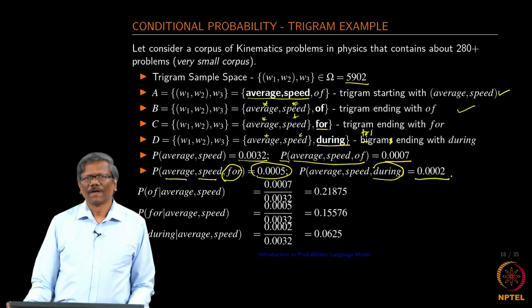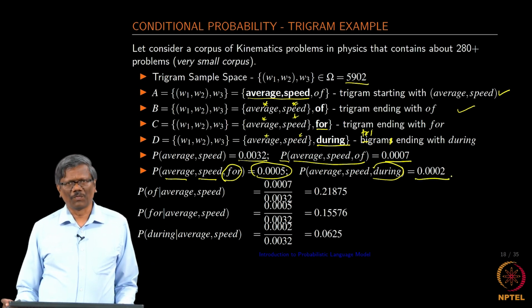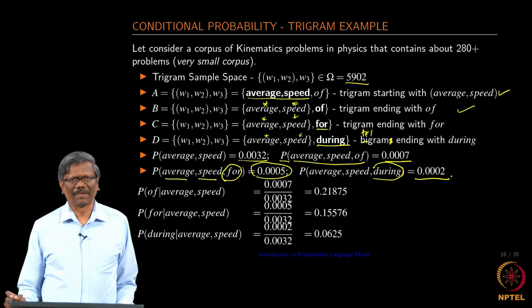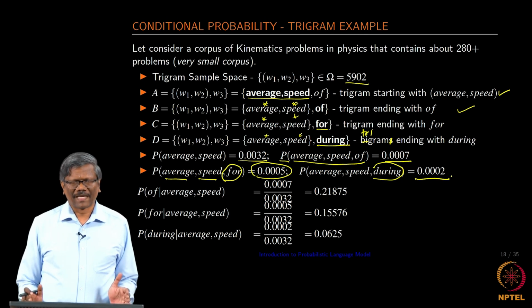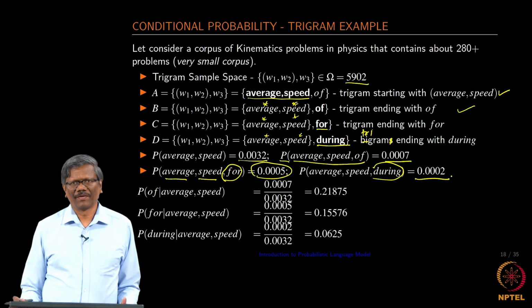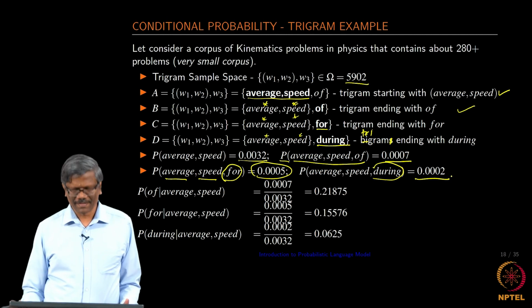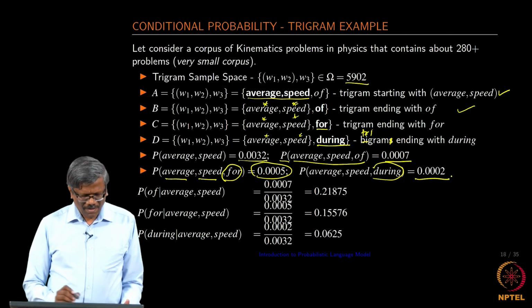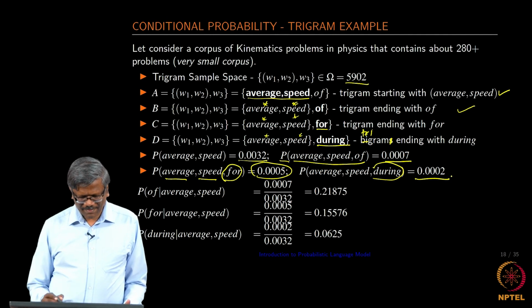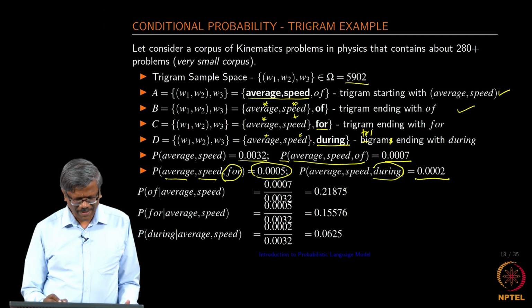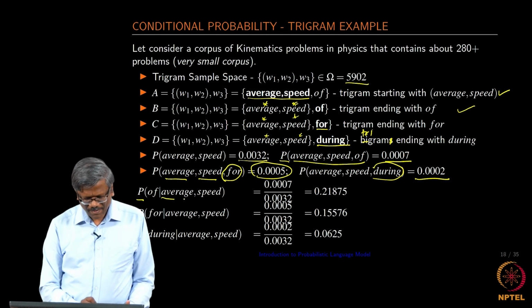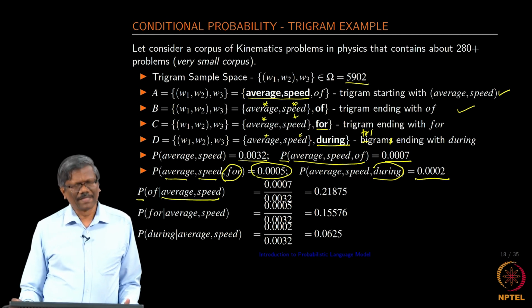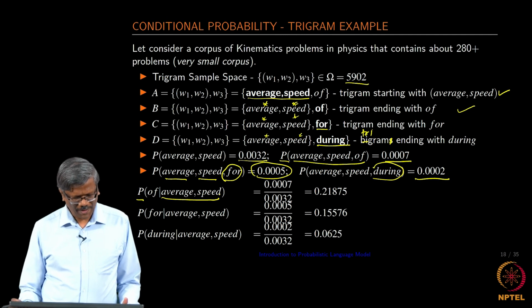So, now we want to estimate what would be the best example, or what is the trigram that is most likely to happen with these 3 words. Okay. So, in this case, again as we have done in the earlier computation, we are going to be computing the conditional probability where average and speed is known, right.